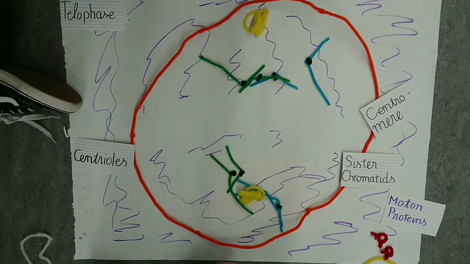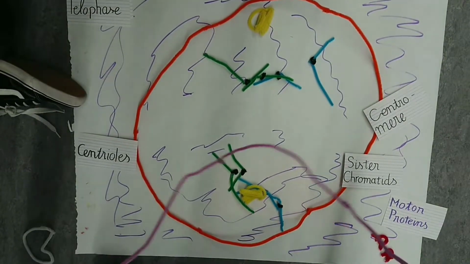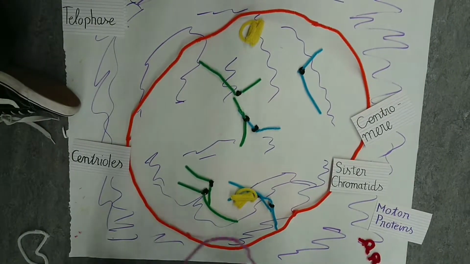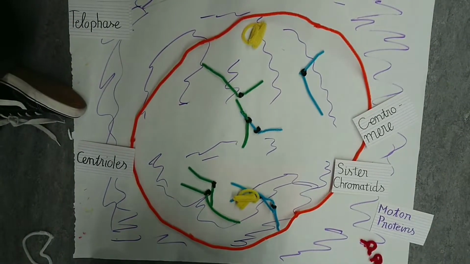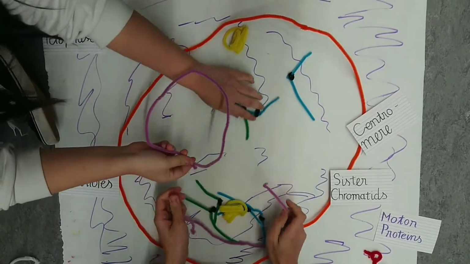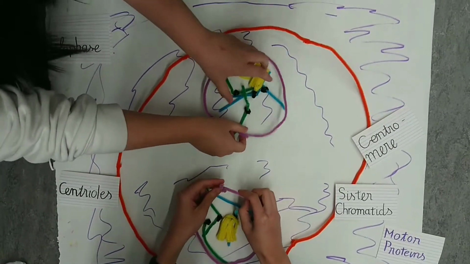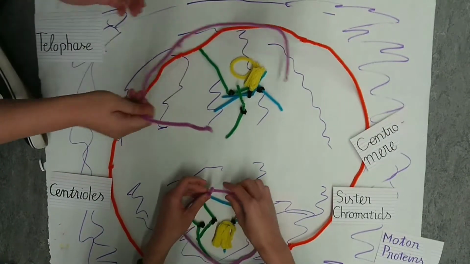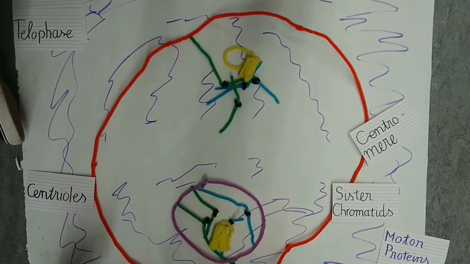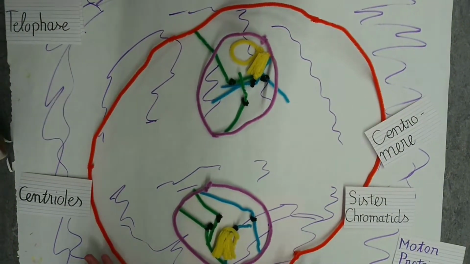The microtubules are gone, and the nuclear envelope starts forming again around the set of chromosomes. And like I said before, on each of these, it makes sure that there are enough chromosomes on each individual one. After this phase, mitosis is complete.